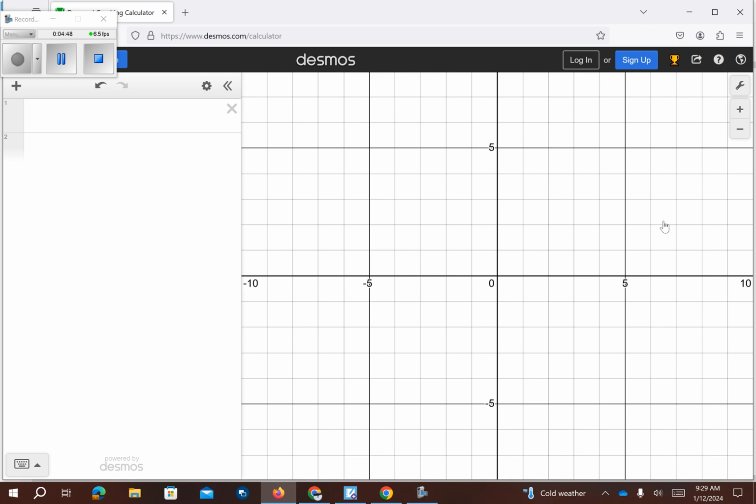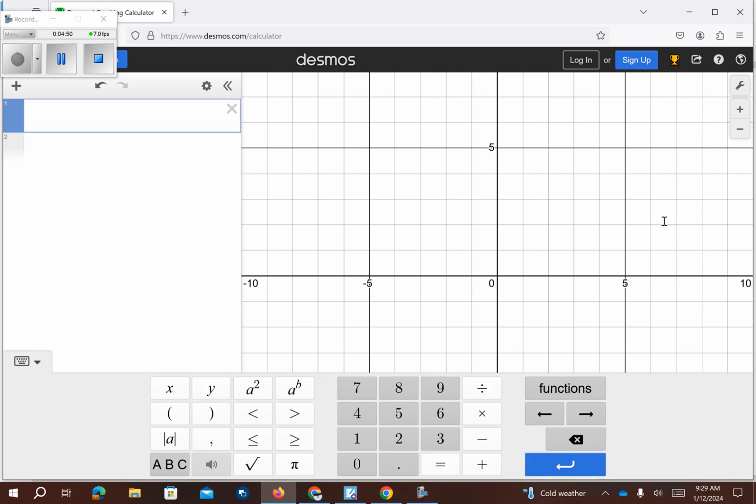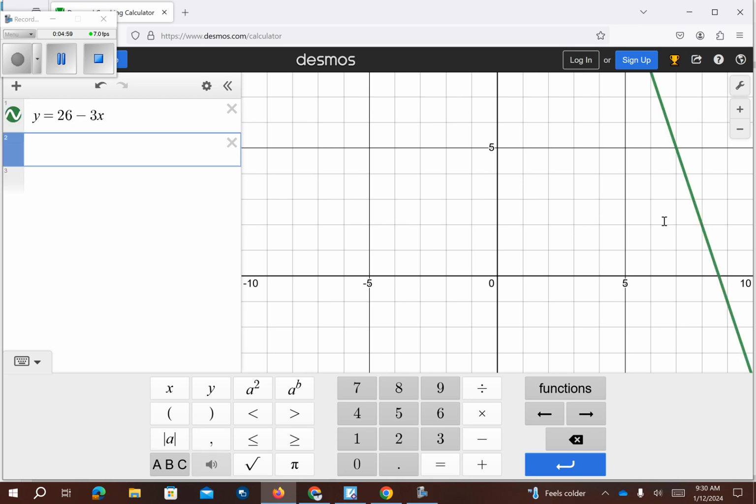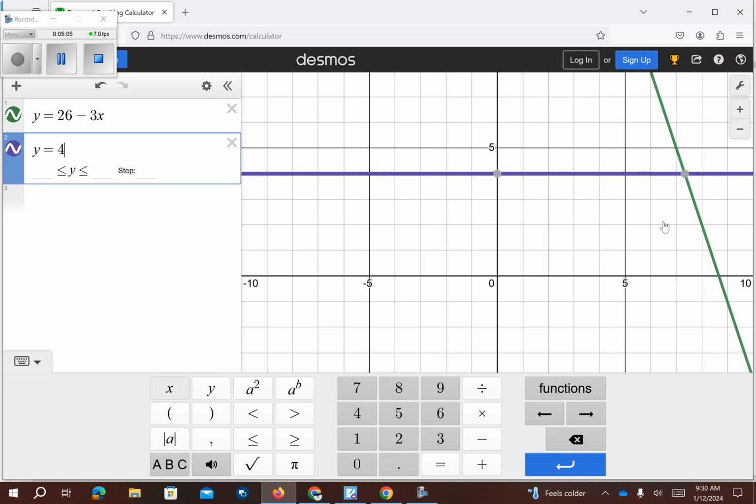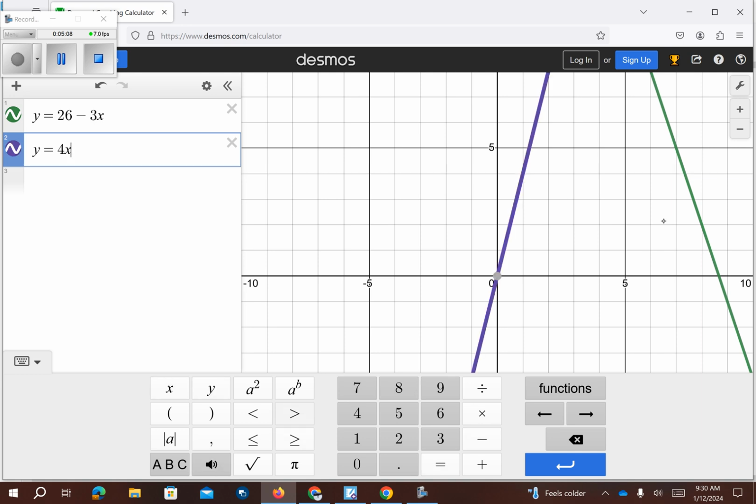All right, then we get to number 11. We have 2 linear equations, it looks like. So I have y equals 26 minus 3x. And then we have y equals 4x minus 9.